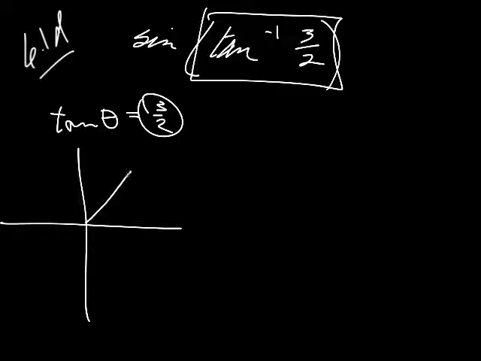So I've got an angle here with my opposite being 3 and my adjacent being 2. And then I use Pythagorean to find that my hypotenuse is that. So if my tangent of theta is 3/2, then my triangle looks like that.